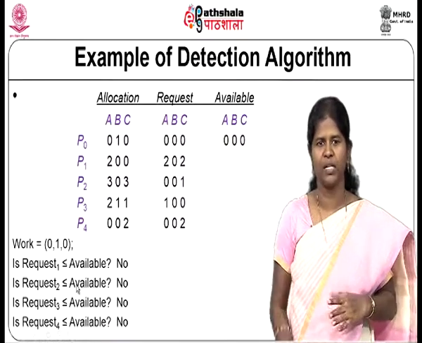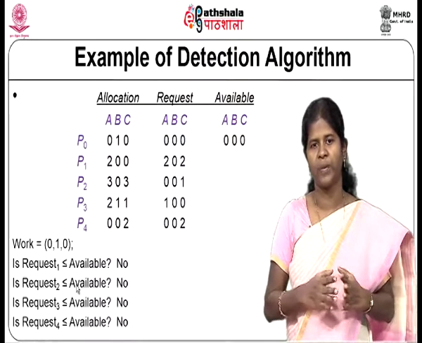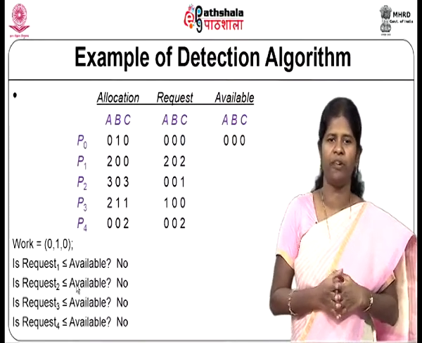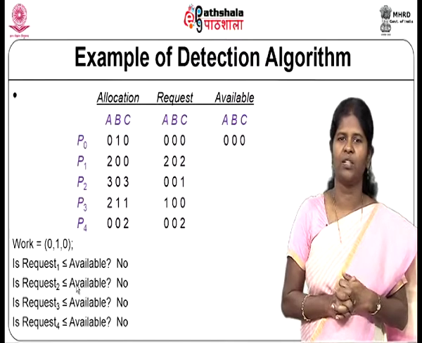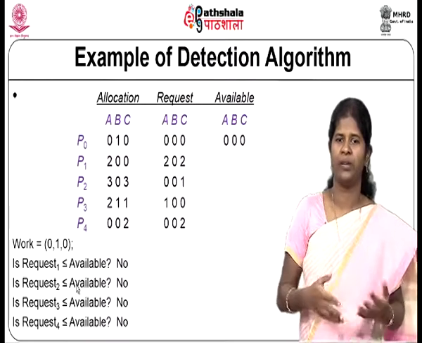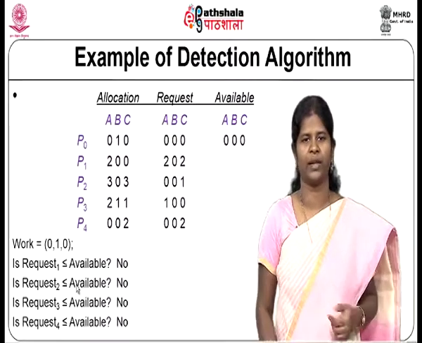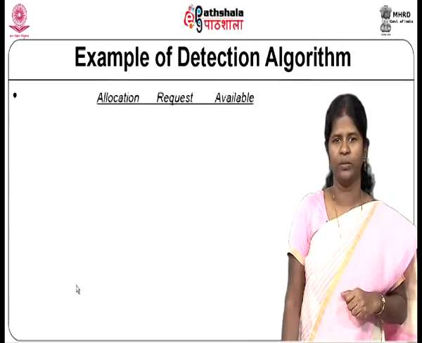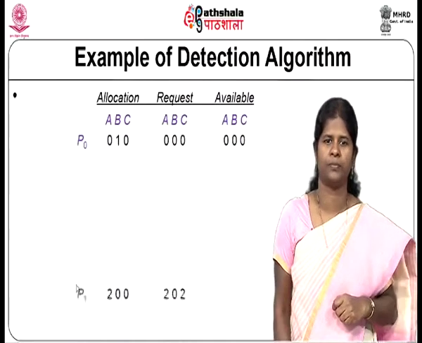So we see that P1, P2, P3 and P4 are all waiting to get resources, but the requests cannot be satisfied with what is currently available. So there is a deadlock in the system.